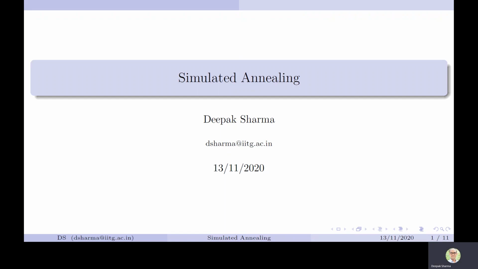Simulated annealing is an optimization algorithm which is stochastic in nature, meaning that this algorithm has certain rules that are stochastic, or we can say some probability is included in this process for searching an optimal solution in the design space.